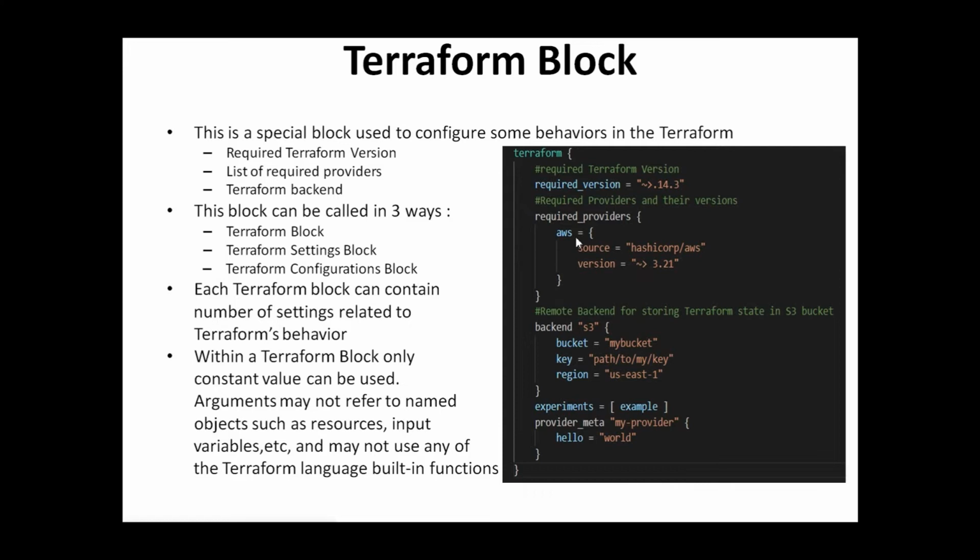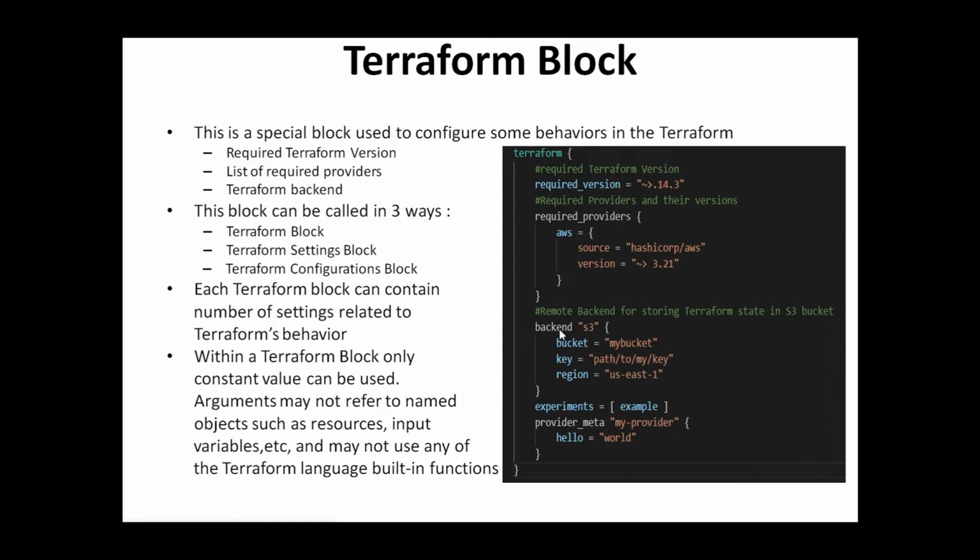Next thing is the Terraform backend. Every Terraform project will have its state information, which you can call the terraform.tfstate file, or the Terraform configuration information which is stored inside that file, which is nothing but the live environment. Whatever you have provisioned using Terraform, that information will be stored in the terraform.tfstate file. And where that file needs to be located will be defined using the Terraform backend.